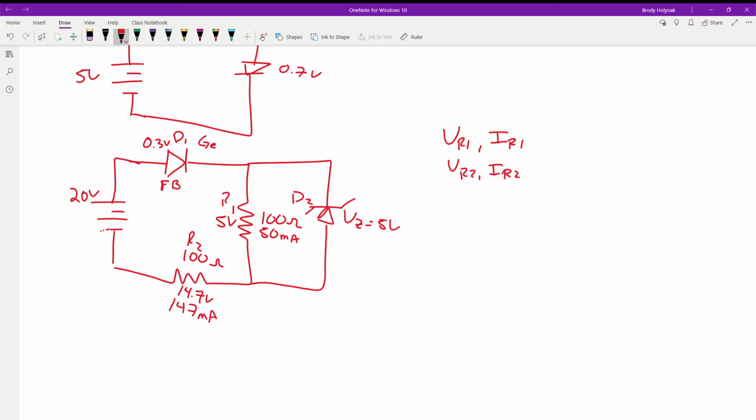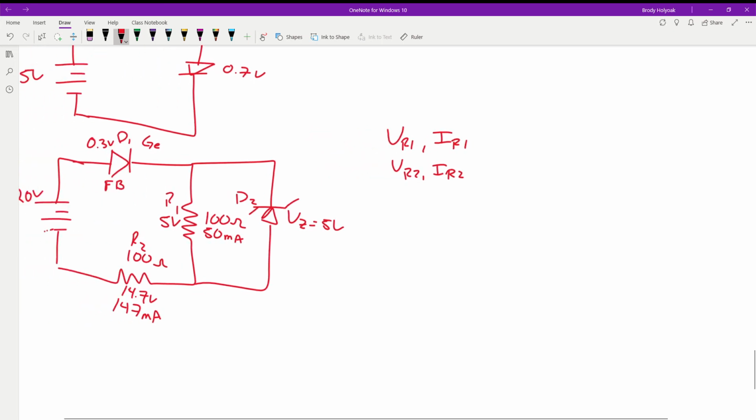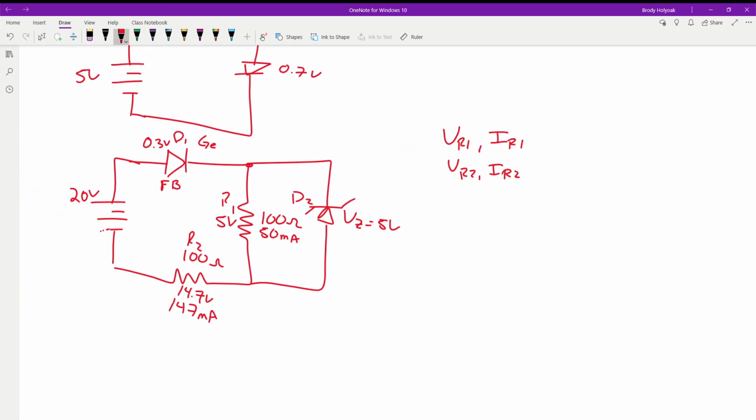How much current's going through our diode? 147. Okay. How much current's going through our Zener? 97. Yep. Because we have the 147 coming in, it has to split. So our diode current ends up being 97 milliamps.